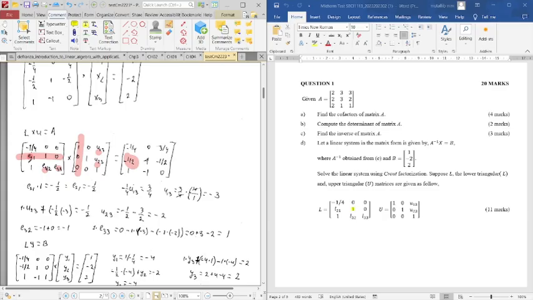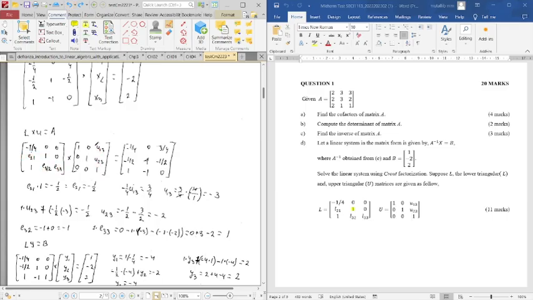When we multiply everything, L21 times 1 plus 1 times 0 plus 0 times 0, where the other two elements are 0, so I'm not going to write them. So it will be only L21 times 1 equals negative 1 over 2. And from here we can find L21 is equal to negative 1 over 2. And we're going to do it for all of the other elements.